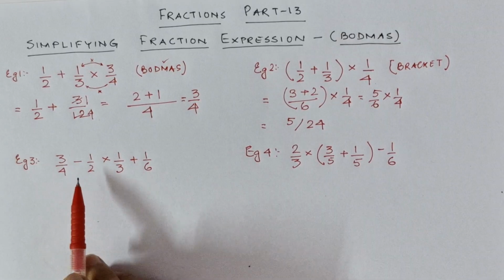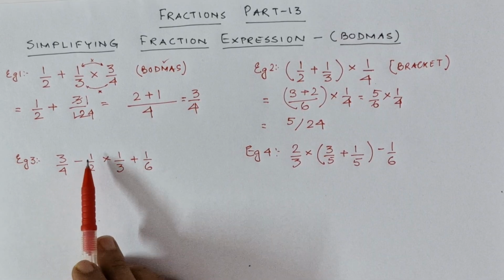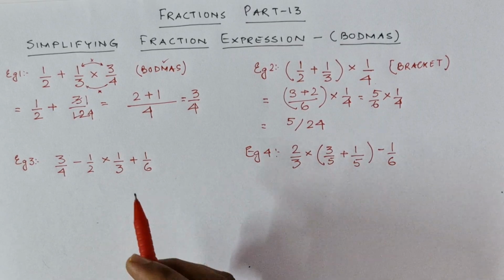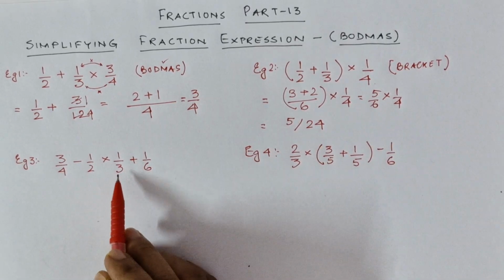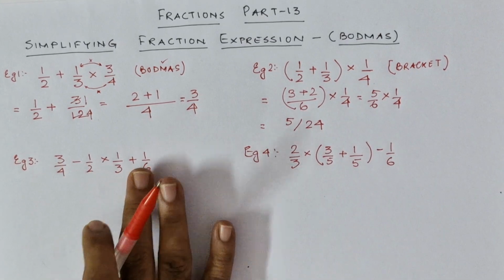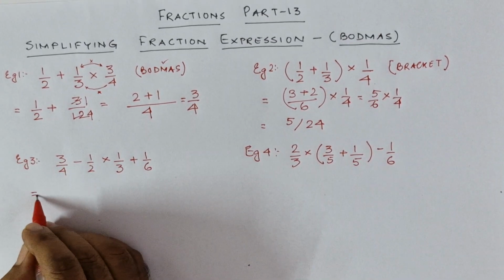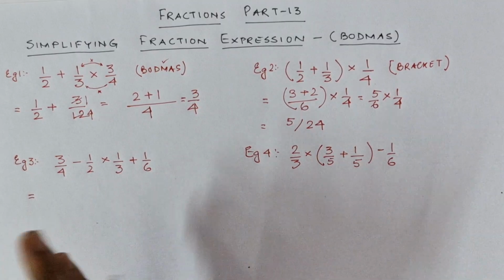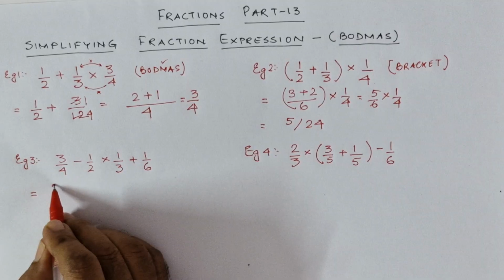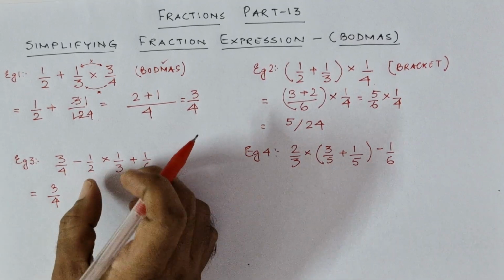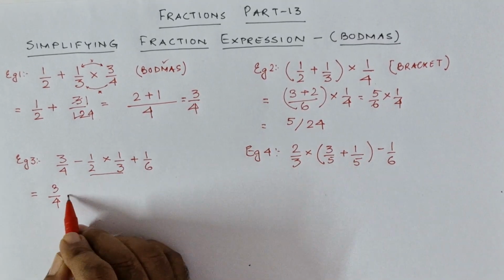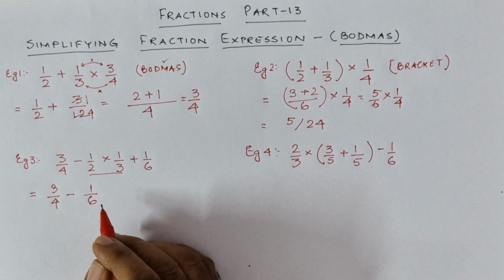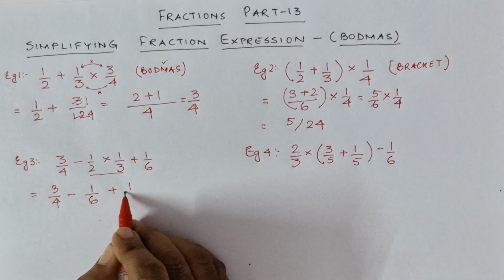Now let's come to example 3. See, 3 by 4 minus 1/2 multiplied by 1 by 3 plus 1 by 6. According to BODMAS, solve the multiplication first, keep this and this separate, and once you do the multiplication, then solve it from left to right accordingly. So 3 by 4, then if you do this multiplication, minus 1 by 6, plus 1 by 6.